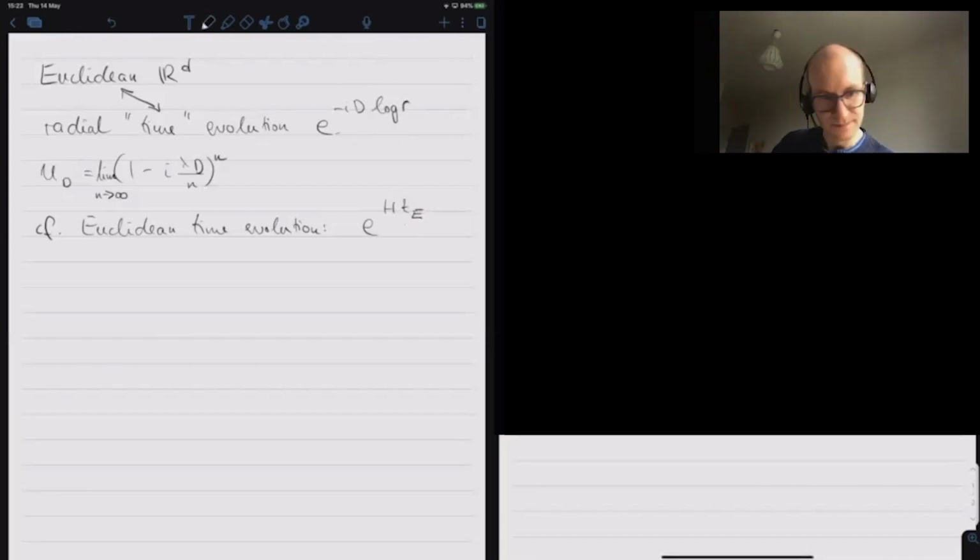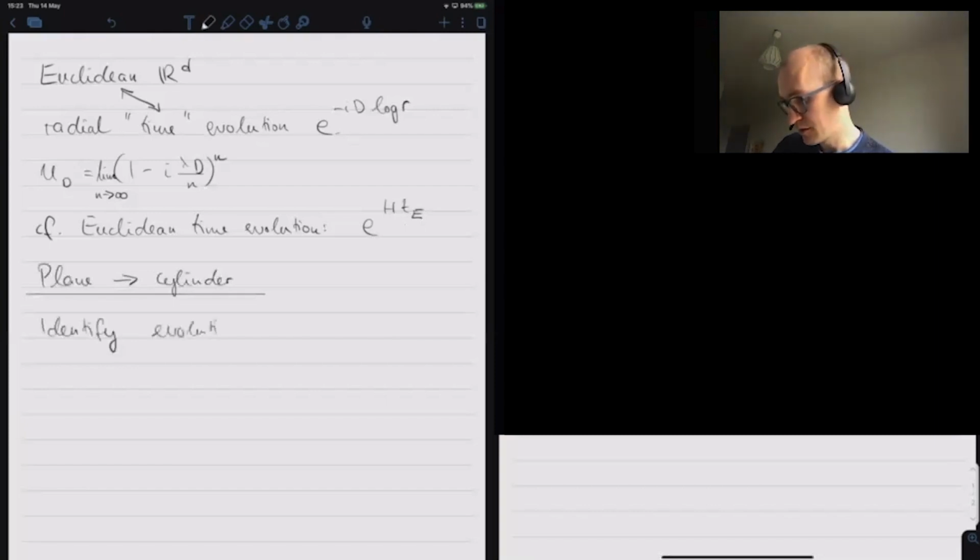So maybe I'll say plane to cylinder. So plane is R^d, and the cylinder will be what we will find now. So let's call a time variable tau to be log r.